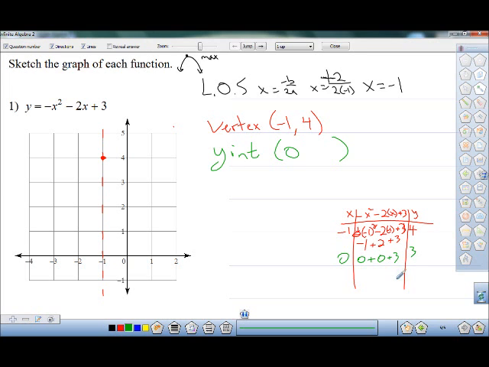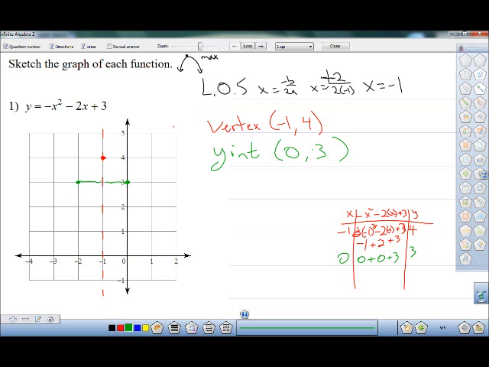I'm at 0, 3. Now I can reflect that across my line of symmetry. I'm 1 away when I'm 3 high, so I'm 1 away when I'm 3 high. I got 3 points. I need 5.